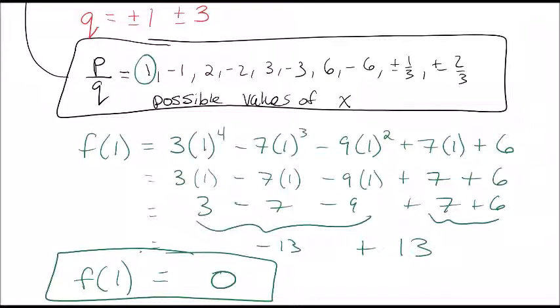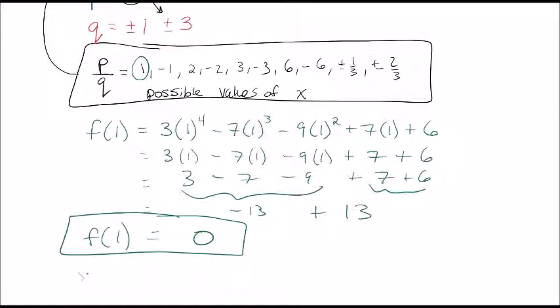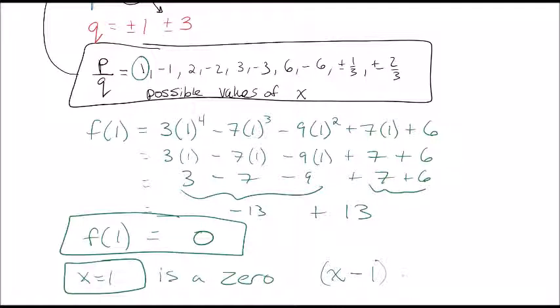According to the remainder theorem, that means that x equals 1 is a 0. So I know that x equals 1 is a 0. It comes from the factor. It also means that x minus 1 is a factor of the polynomial.